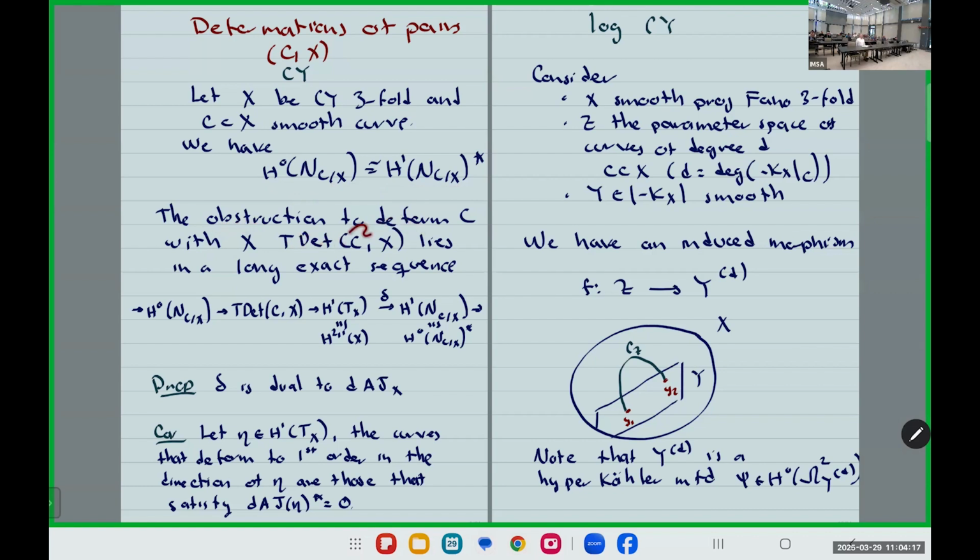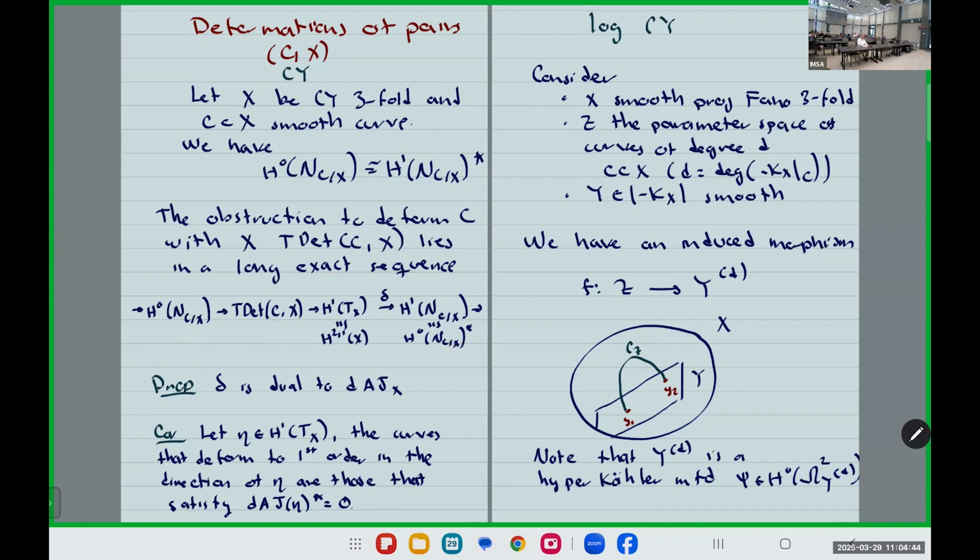And to compute the obstruction to deform C with X, we will have some exact sequence, and a long exact sequence of cohomology associated with this. So this is basically the normal, the tangent vectors that are tangent to C, but we obtain a sequence like this.